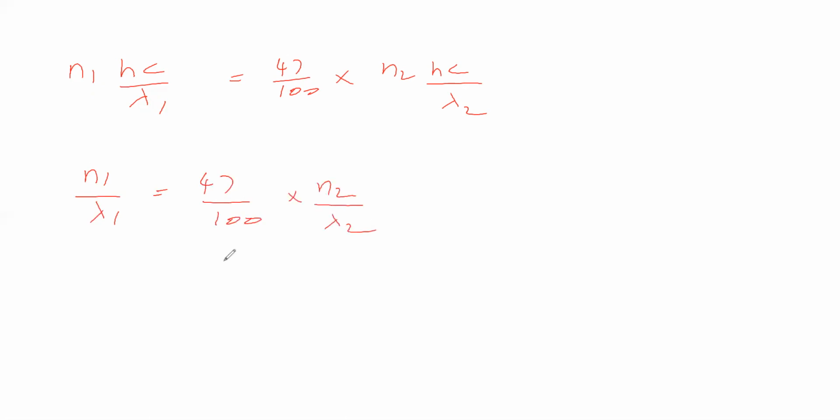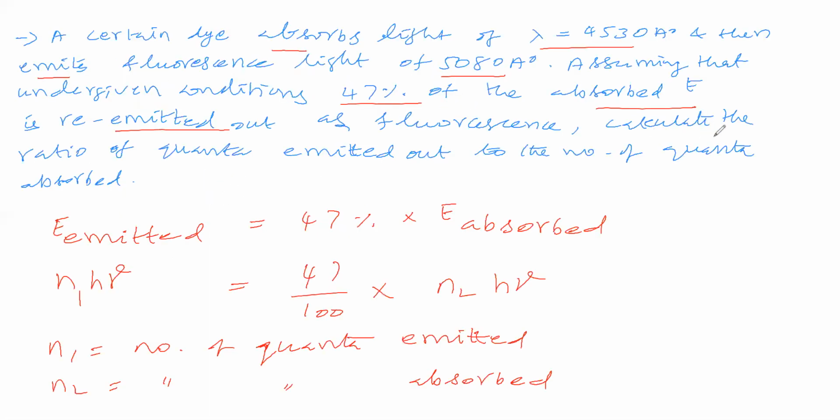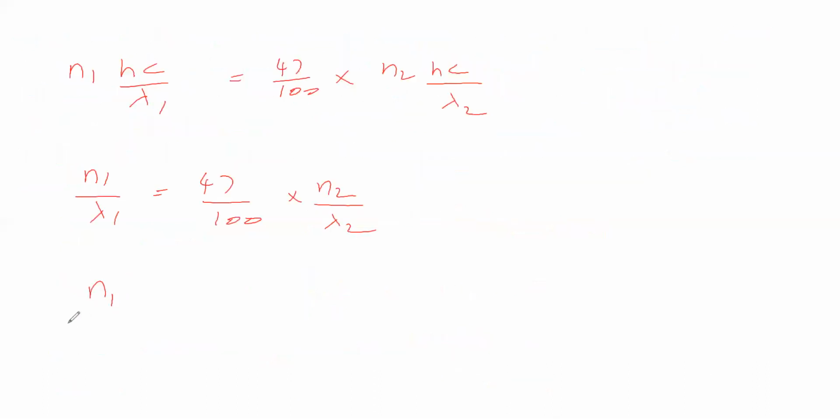So what is the question? Calculate the ratio of quanta emitted out to the number of quanta absorbed, that is, number of quanta emitted by number of quanta absorbed. It is equal to 47% into lambda 1 by lambda 2.